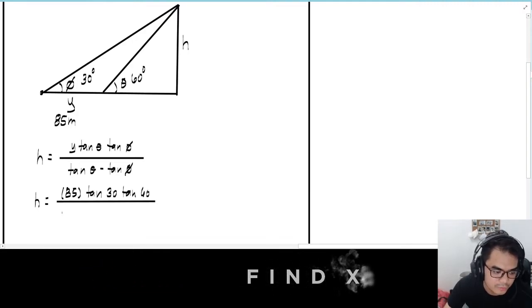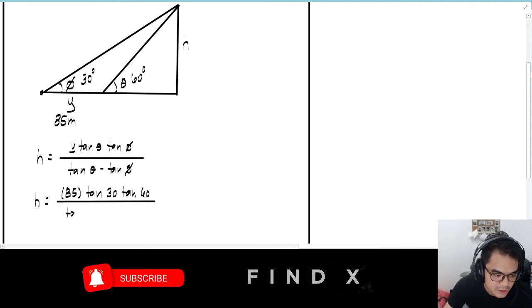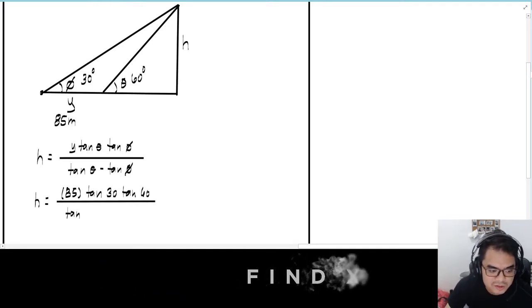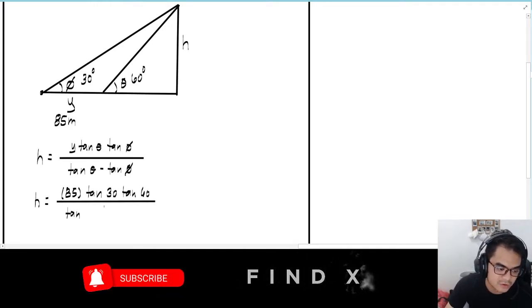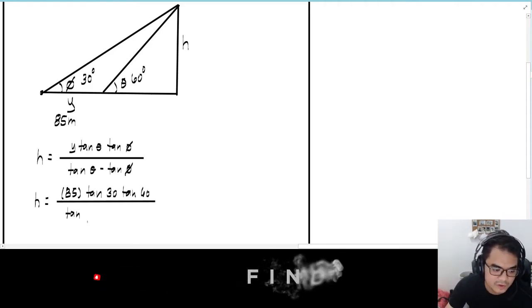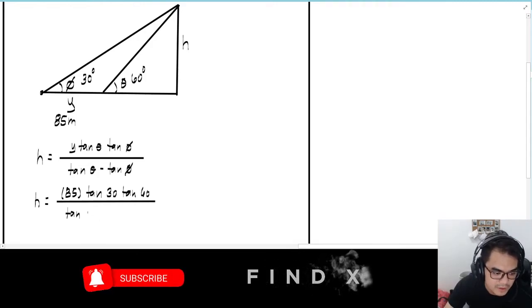And of course, for the lower part, you must have the larger one first to avoid a negative. However, if you accidentally interchange the values of theta and phi, just fine. The only difference is you'll get a negative answer. So just get the absolute value of that or neglect the negative, you'll still be fine. So this is tangent 60 minus tangent 30.